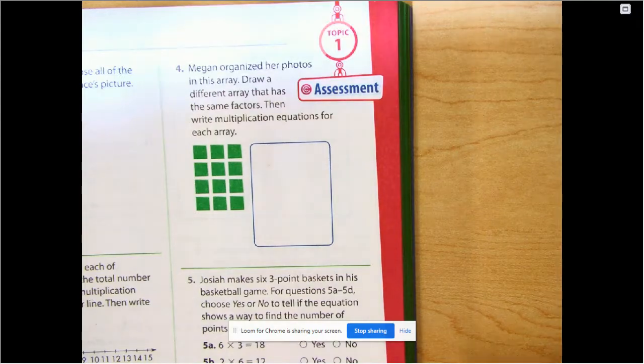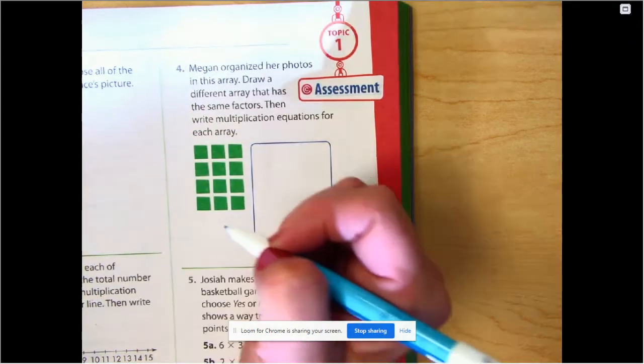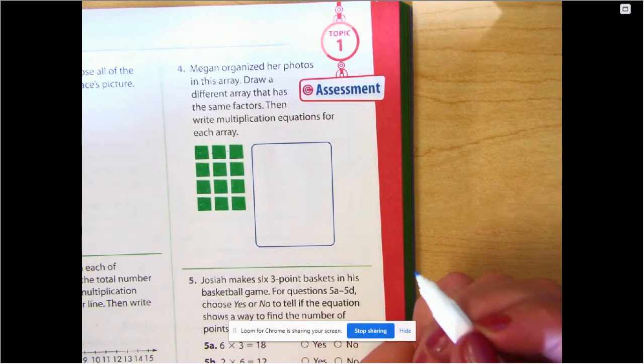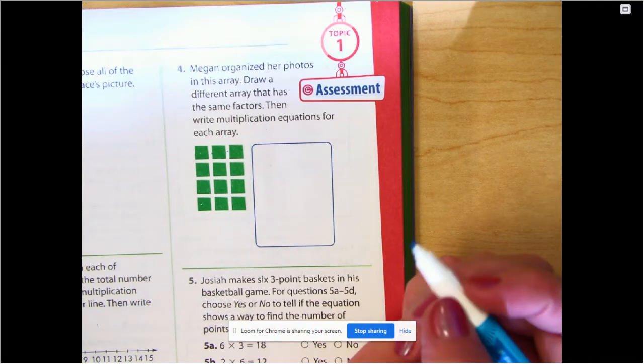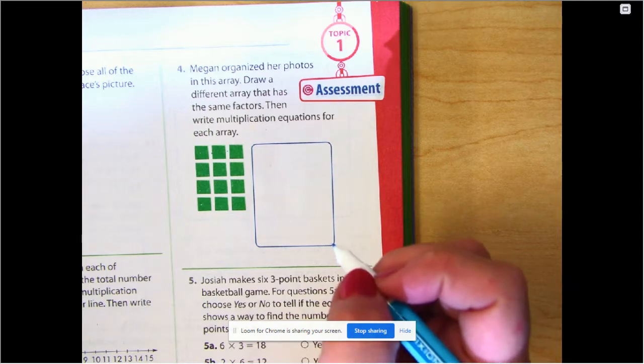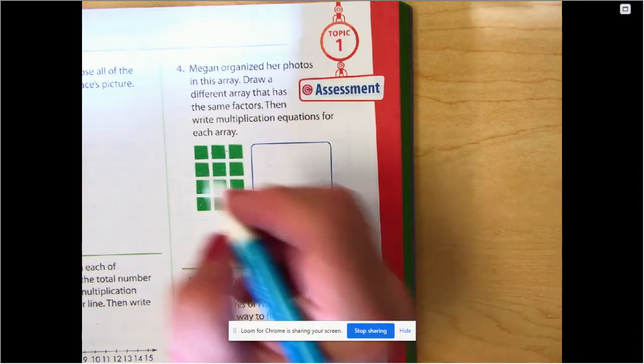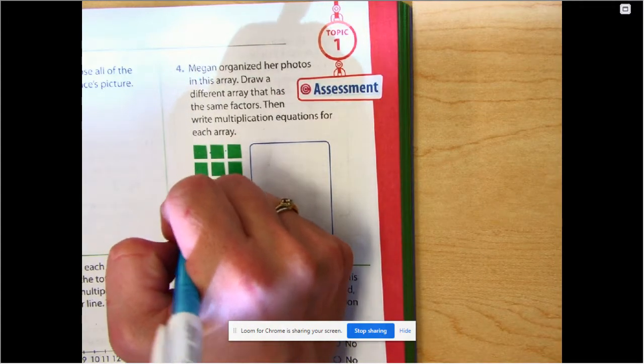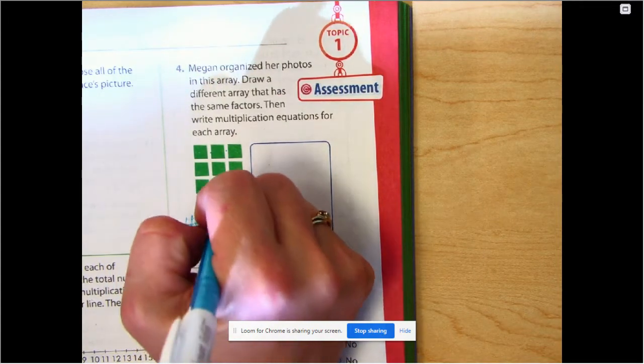Okay. Megan organized her photos in this array. We have 1, 2, 3, 4 rows with 3 in each row. Draw a different array that has the same factors. Then write a multiplication equation for each array. All right, so this one is 4 groups of 3 equal 12.